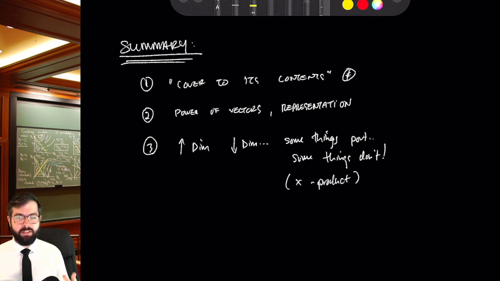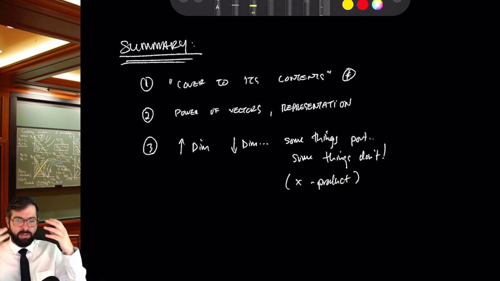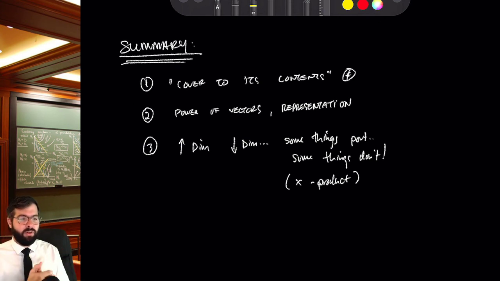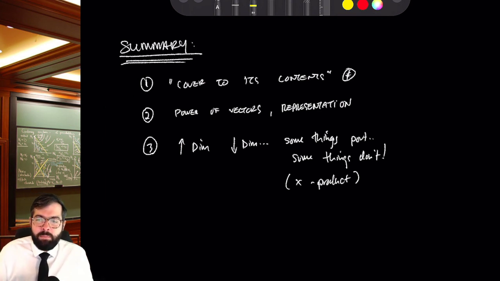There is a general form of the cross product which is called the exterior product in higher dimensions, but the cross product per se is unique to R3. To be able to generate a vector that's orthogonal to 2 is something that just happens in R3. You can't do this in R2. You can't do it in R4. So it's kind of interesting.